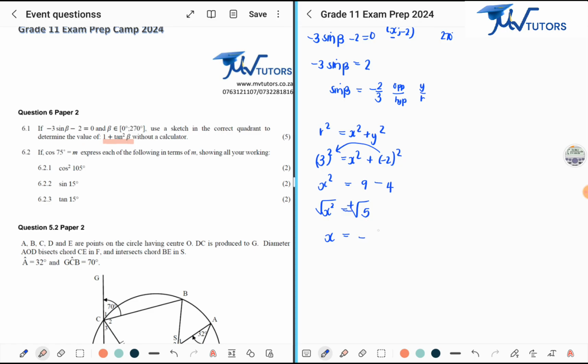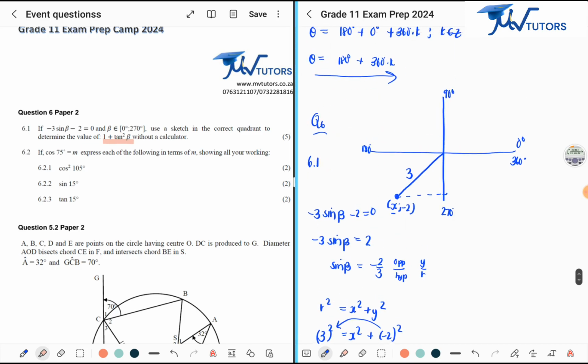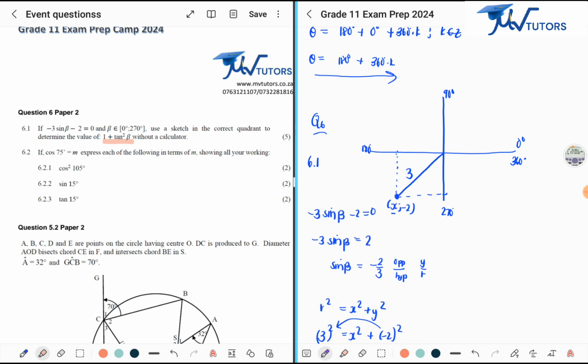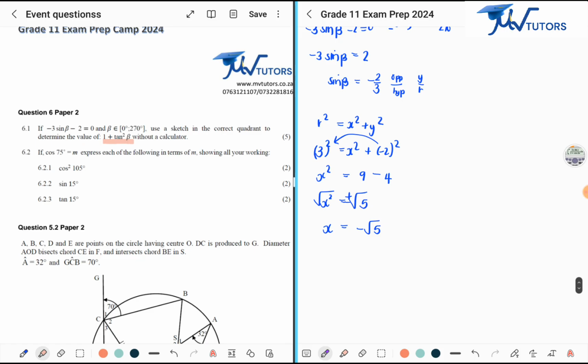It will actually be negative root 5, because it is on the negative side of the x-axis. So this would be negative 2, and that would be negative root 5. Now that we have the value of x and y, I think we can go ahead and determine what 1 plus tan squared beta is.